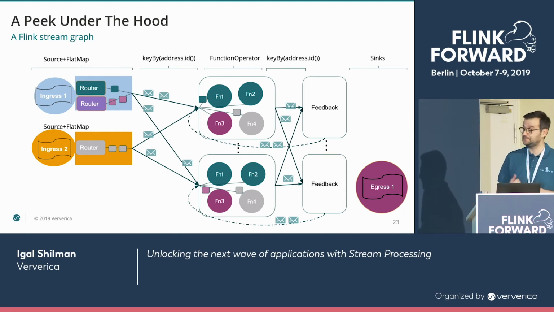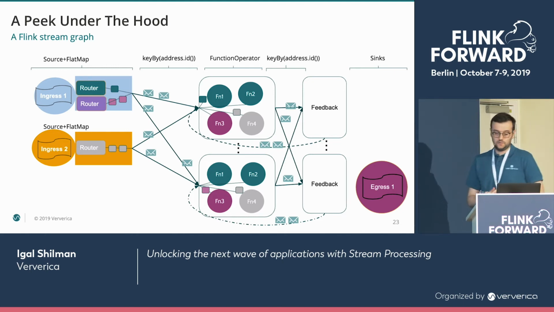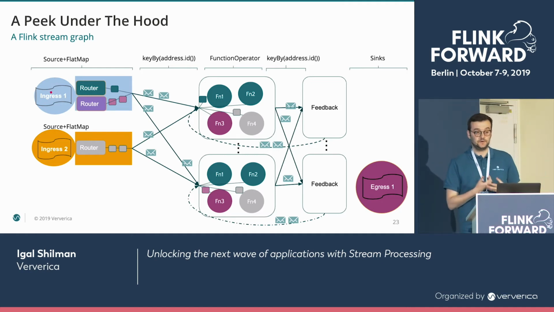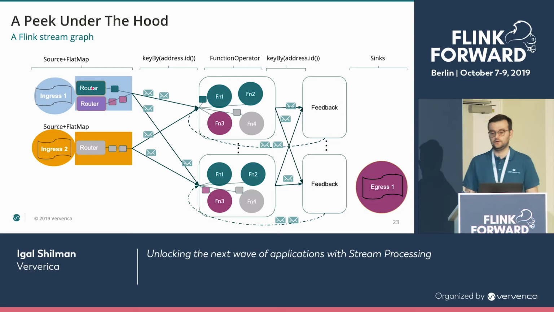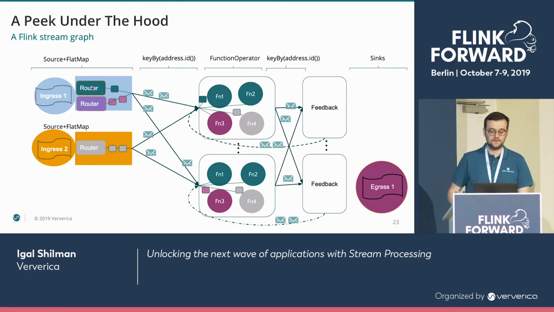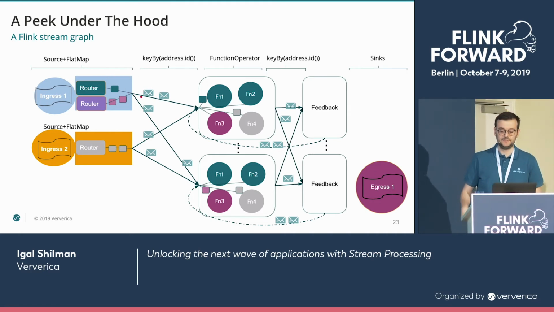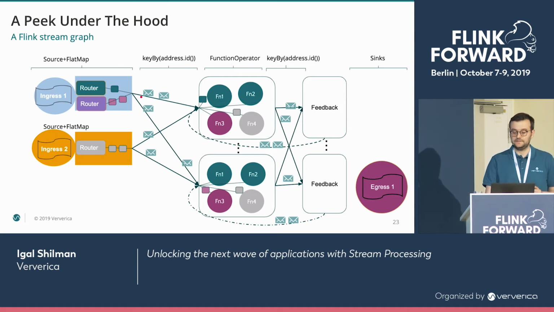As you can probably guess, ingresses would be mapped to source functions, chained to a flat map that would multiplex the different routers that are registered in the system. Once the message leaves the source plus flat map operator, it's already packaged in an envelope.